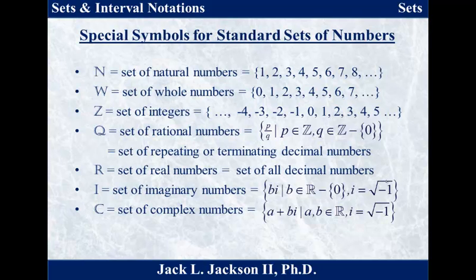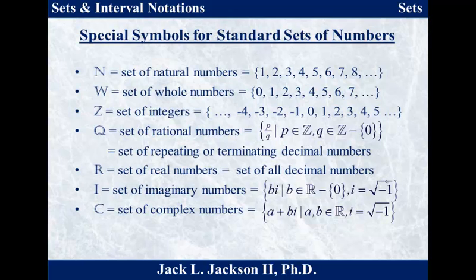Q, for quotient, is the set of rational numbers. It's the set of all numbers of the form p over q such that p is an integer, q is an element of the integers but not 0. This turns out to be the same as the set of repeating or terminating decimals. R, the set of real numbers, is the set of all decimal numbers.